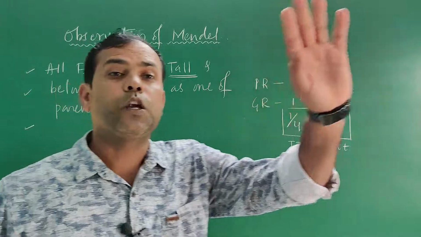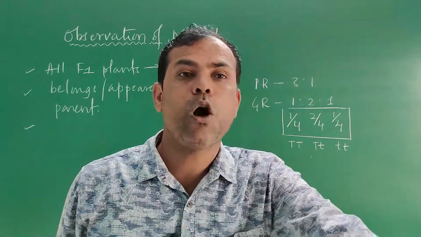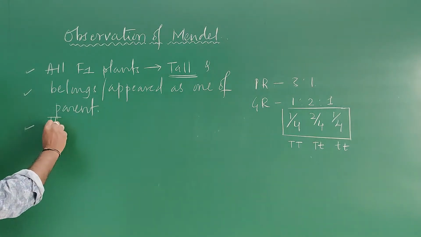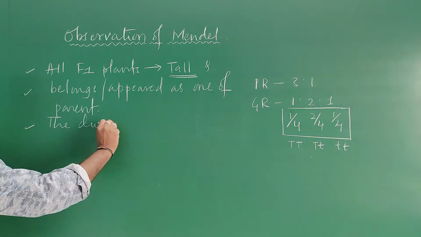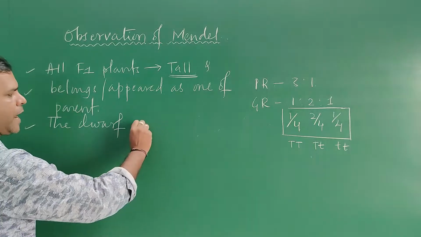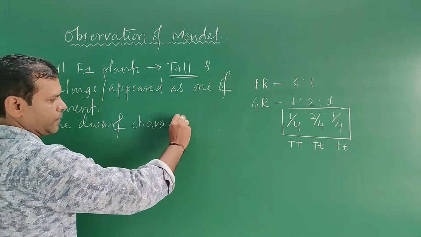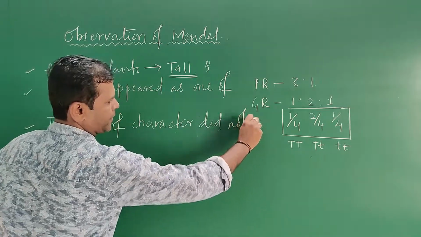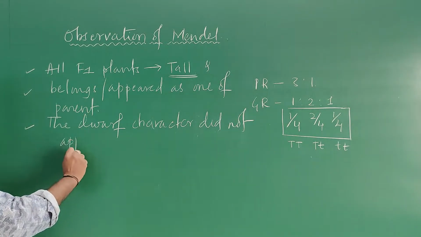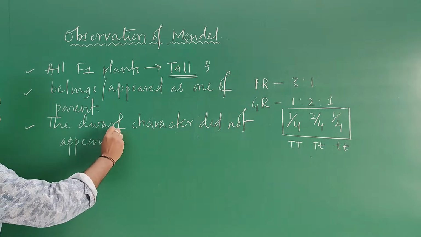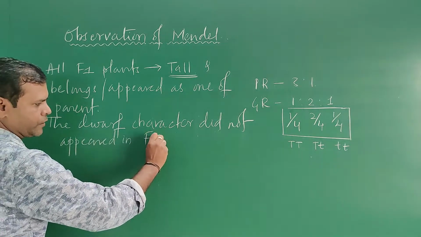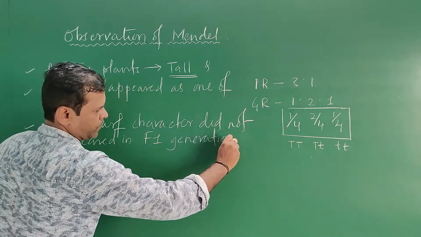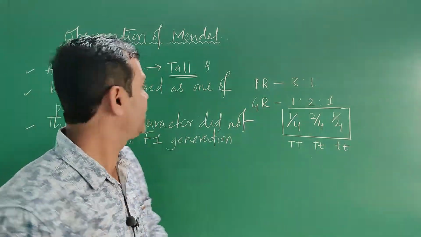Second, the dwarf character did not appear in F1 generation. So which character appeared?